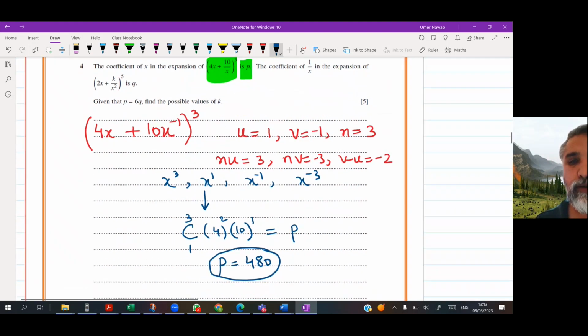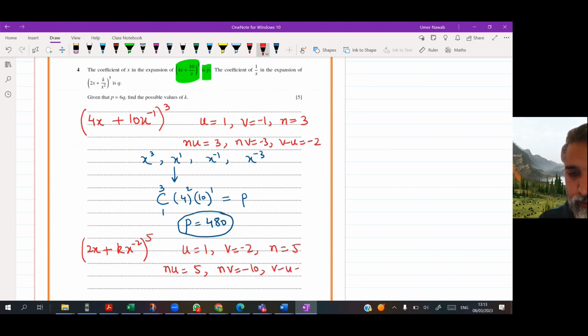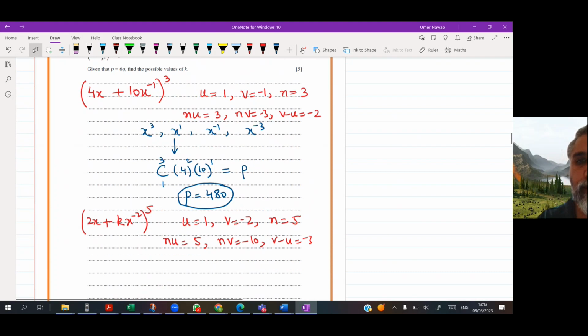I'm also trying to find the coefficient of 1 over x for (2x plus kx to the power minus 2) raised to 5. What is u? 1. What is v? Minus 2. What is n? That is 5. And nu is 5, nv is minus 10, v minus u is minus 3. How do the powers of x come to us?